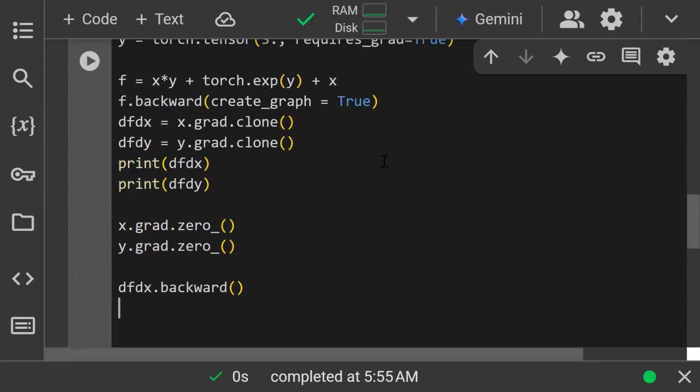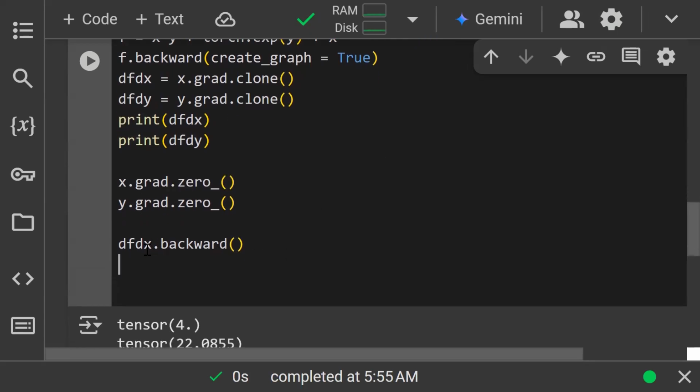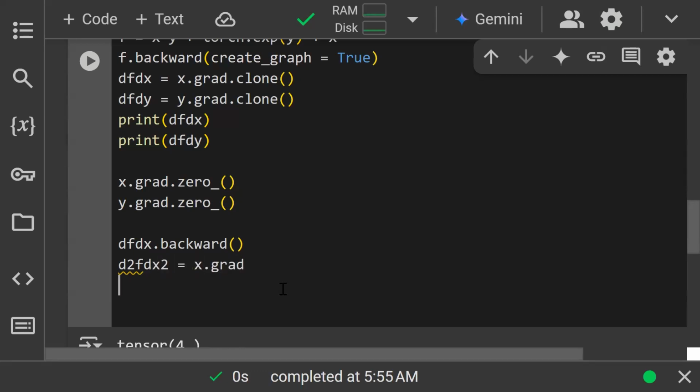Right? And then by taking the derivative of df dx, we have d square f dx square in x dot grad, right?